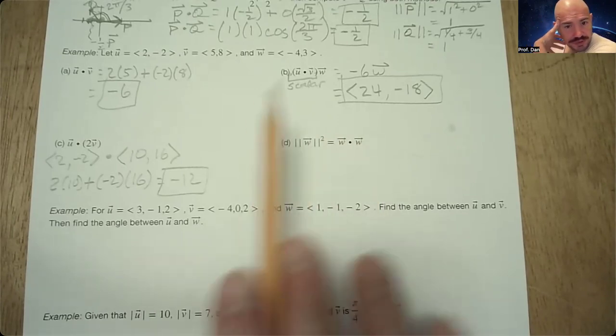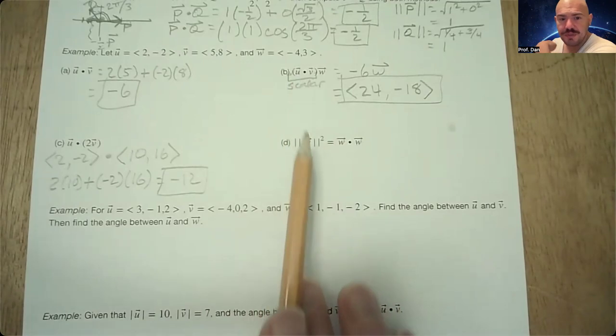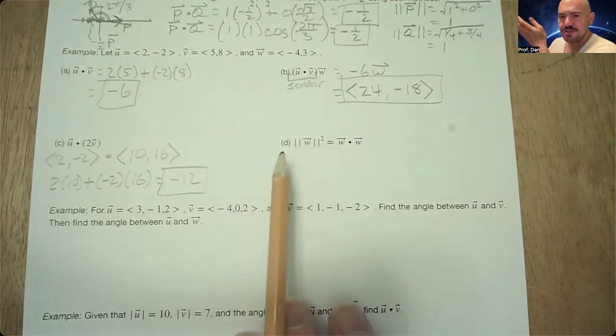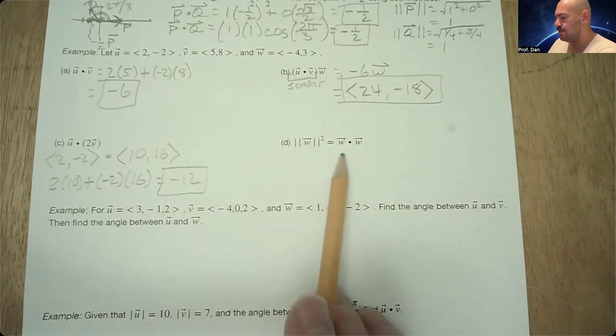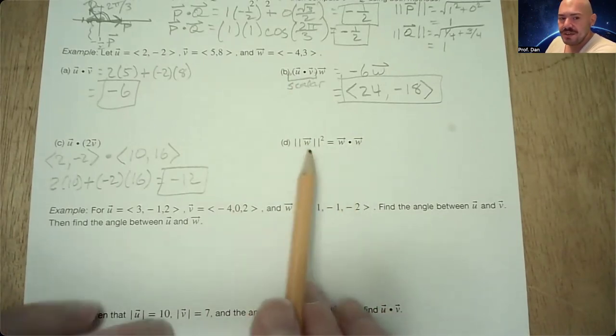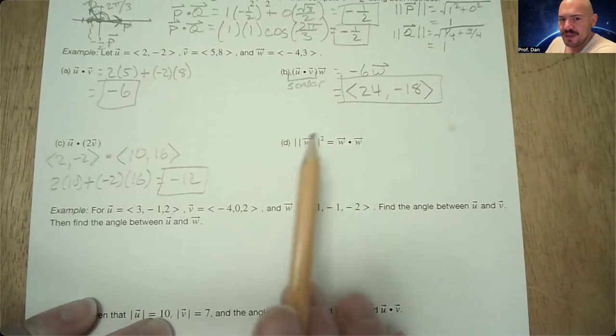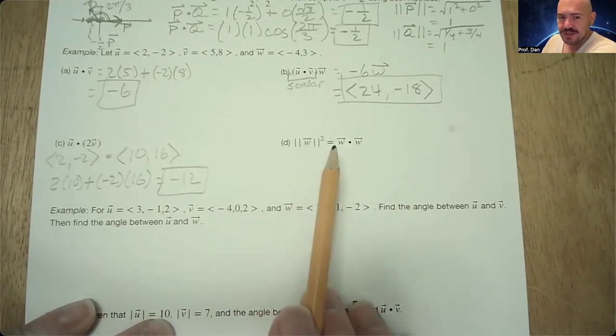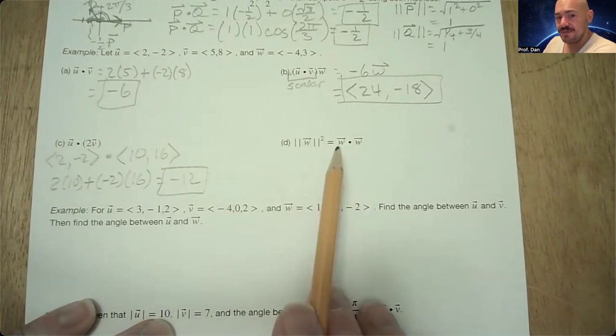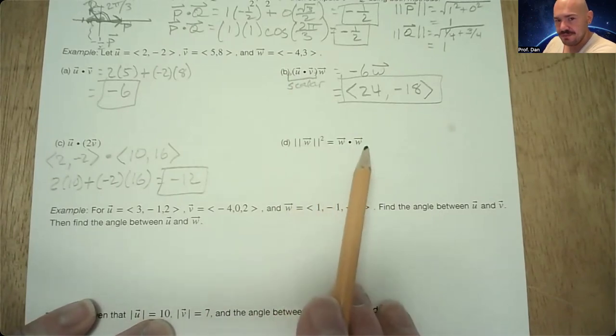Like if you wanted to use the distance formula to figure out the magnitude of w and then square that, you could, and you should end up getting the same thing as w dot w, right? But this is a definition here. The magnitude squared of a vector is equal to the dot product of that same vector with itself.